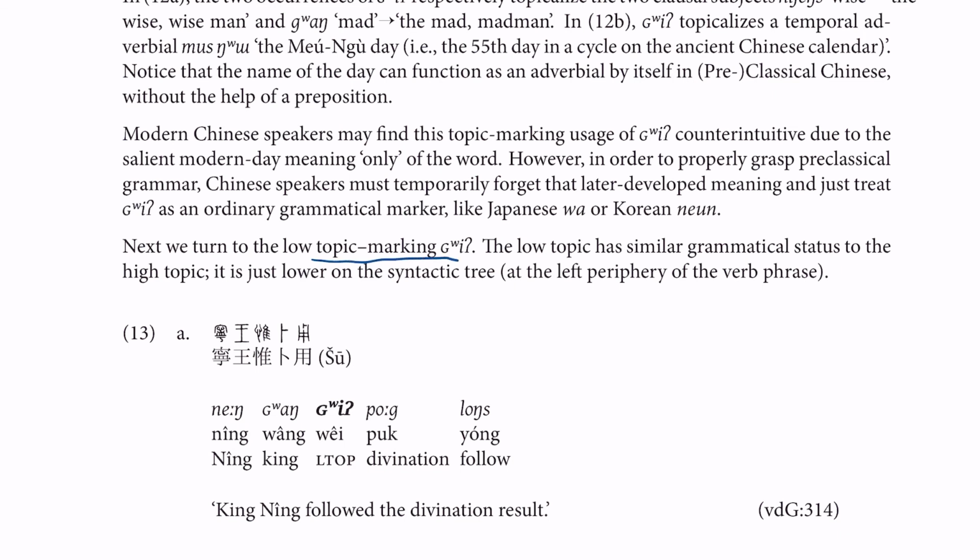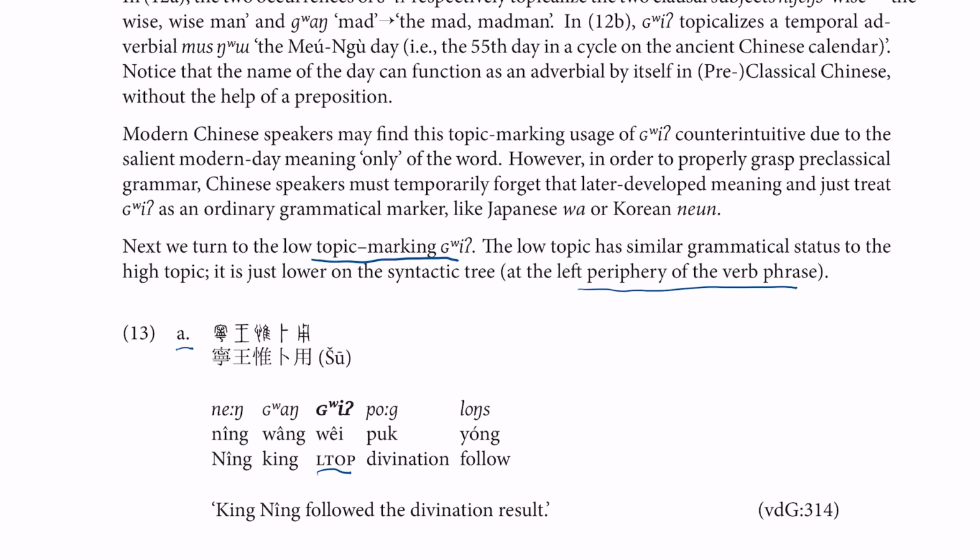Now we turn to the low topic marking gui. The low topic has a similar grammatical status to the high topic, and it is just lower on the syntactic tree. The first example we look at is in 13a, which reads Nen Guang Gui Bo Longs. The verbatim translation is Ning King, low topic marker, divination, follow.